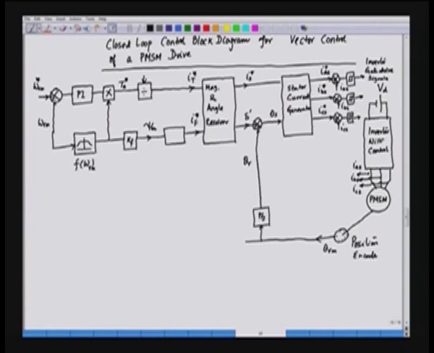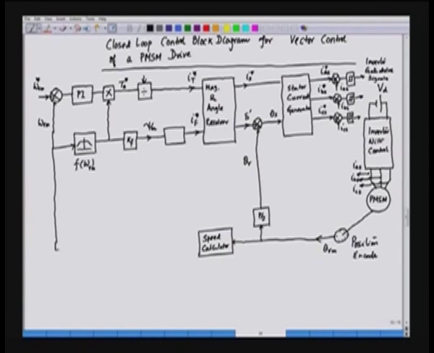Theta R is the electrical and theta Rm is the mechanical angle, and the position is processed through another computational block to find out the speed. So, we have here the speed calculator, to which we feed this theta Rm, and what we obtain out of this is the mechanical speed of the rotor, that is omega Rm, and the same speed is fed back here.